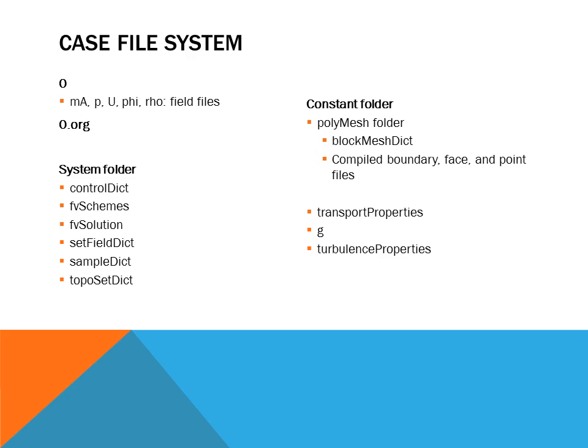You can specify like Gauss linear, whatever you want for each of those. Your constant folder is going to have all of your mesh components and your transport properties, like what constants to use with your equations, and any kind of constants you want to grab from the library, such as gravity.